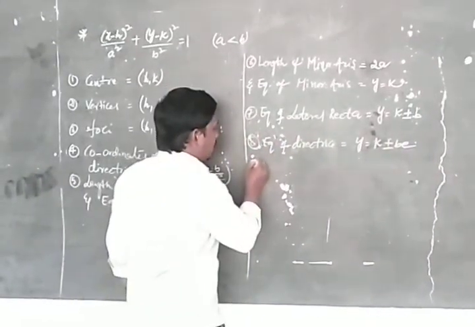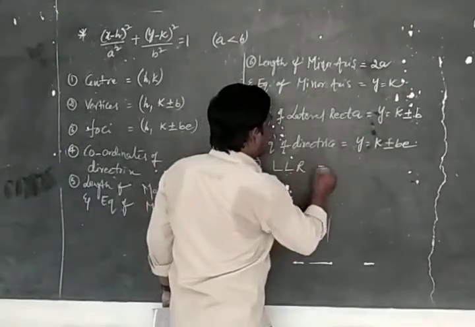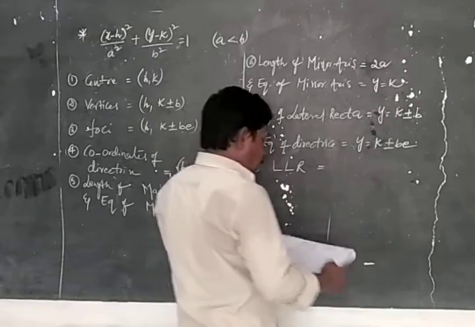Now ninth one, LLR means 2a square by b.